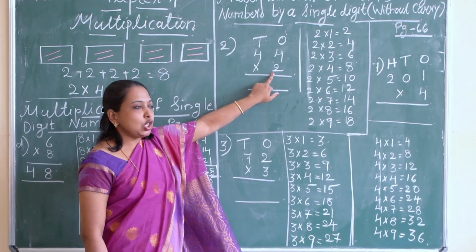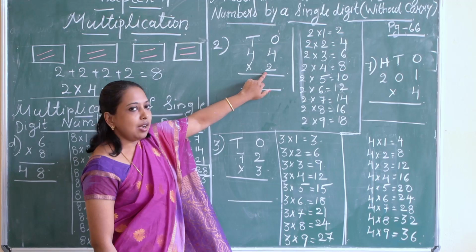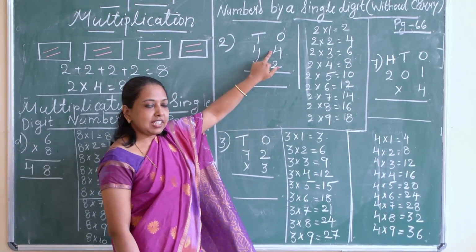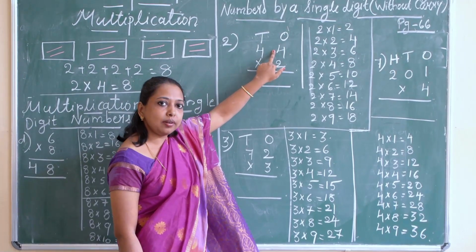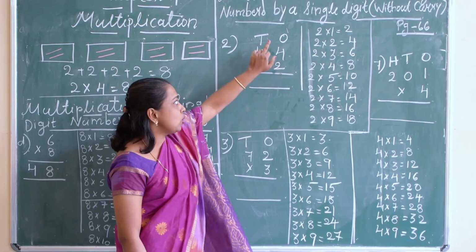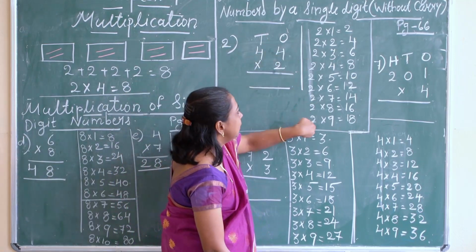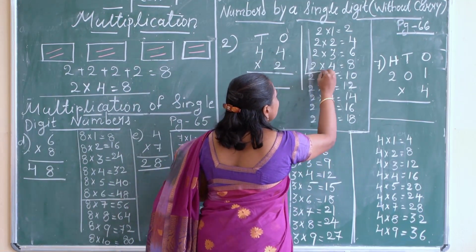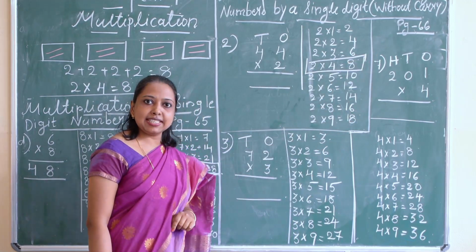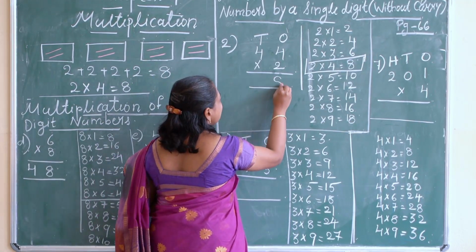Now we can start. 2 multiplied by the digit at the ones place. The digit at the ones place is 4. 2 multiplied by 4. From the table you got 2 fours are 8. You can write 8 at the ones place.